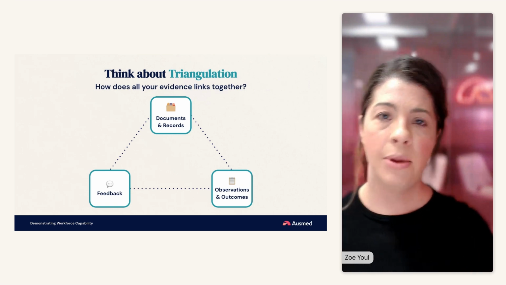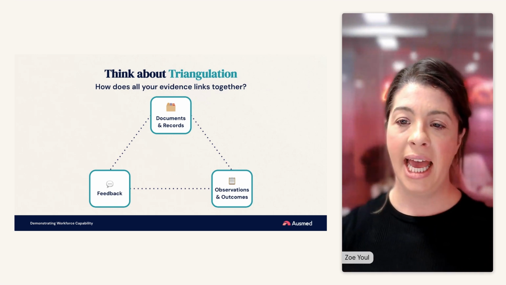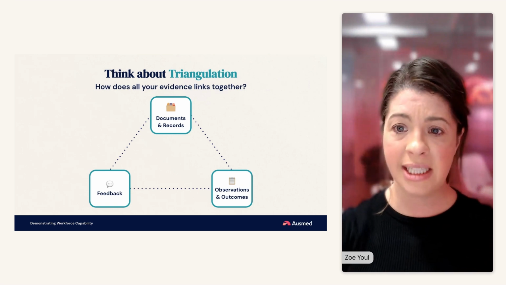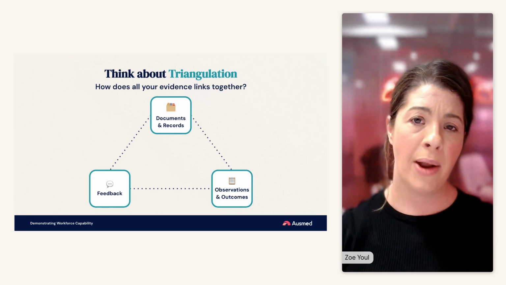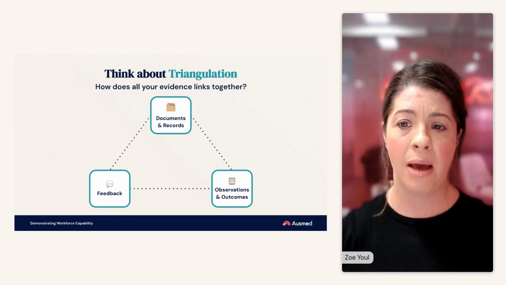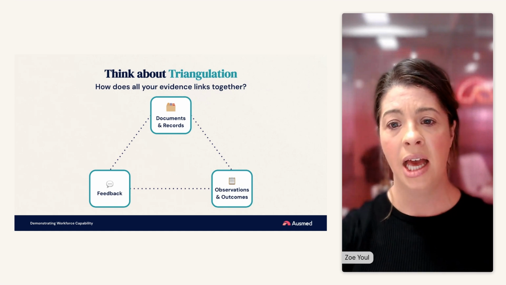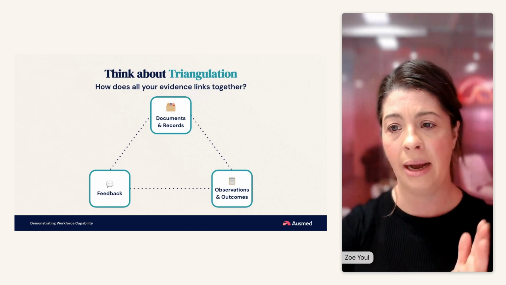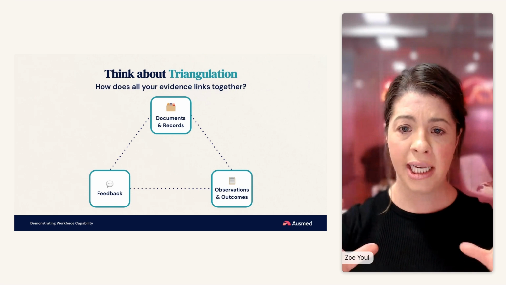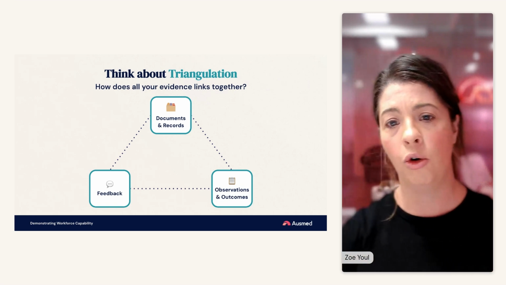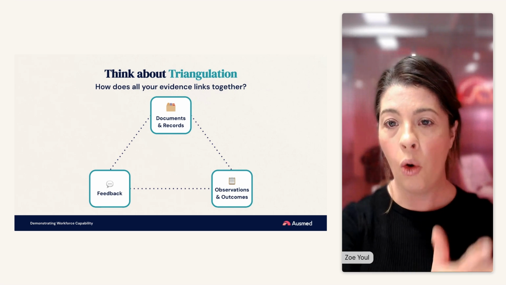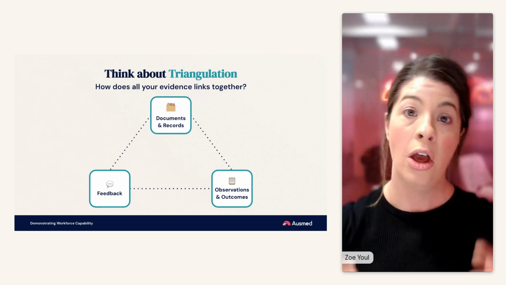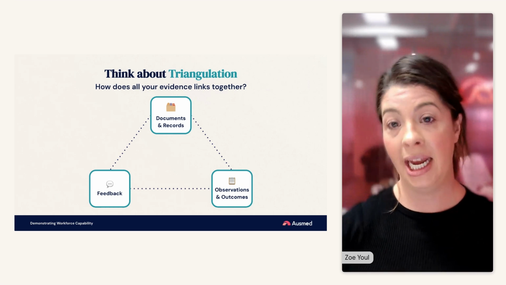So, demonstrating workforce capability is about showing documents that you've done certain things like workforce planning, like a strategy. But I think more than ever, it is about connecting those items to actual workforce outcomes. So triangulation, a really critical point: how does all your evidence link together? And are all people in your organization talking about what you do in a consistent way?